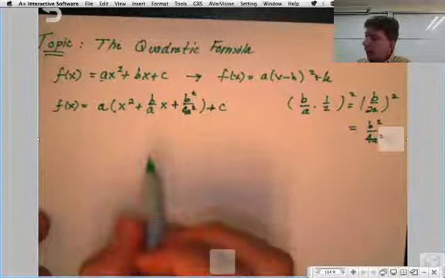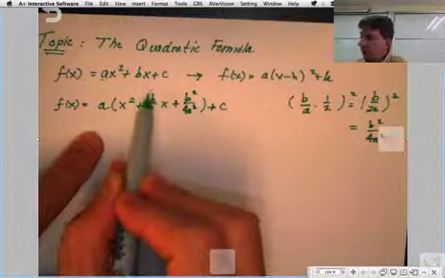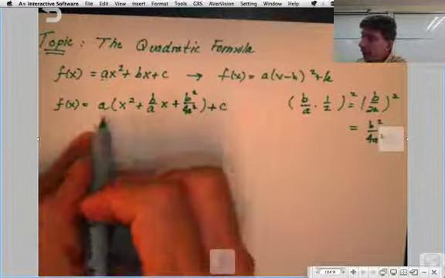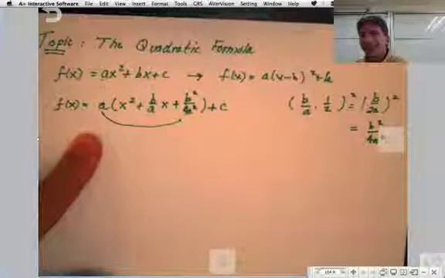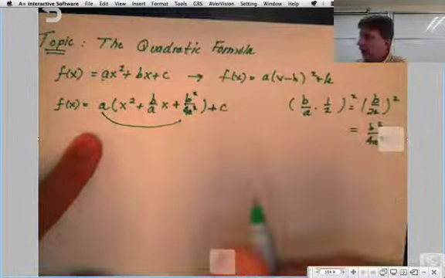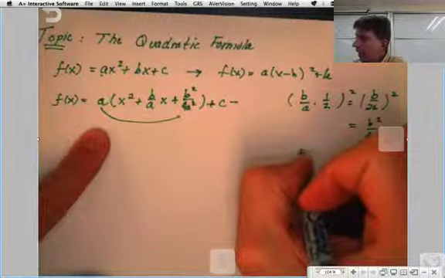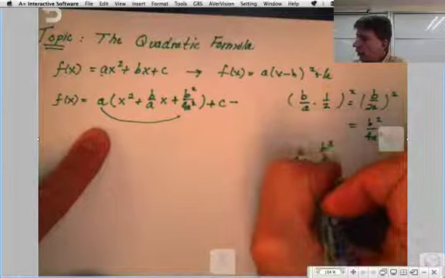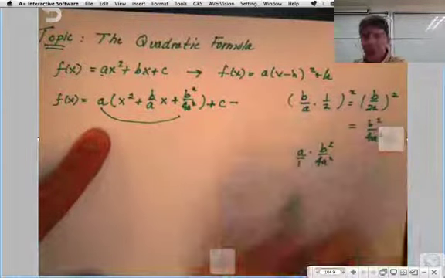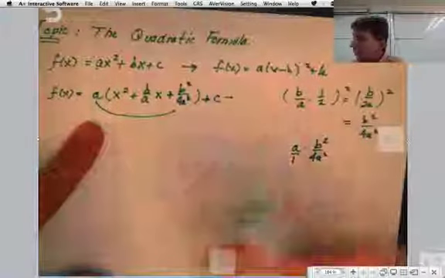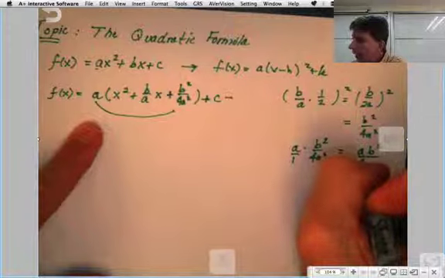And recall now, we need to determine what it is I actually added to the original equation. What I added was a multiplied by b squared over 4a squared. So that's the quantity that I need to then subtract out here. Again, let's do that off to the side. If I multiply a by b squared over 4a squared, keeping in mind that a is the same as a over 1, this gives me a b squared over 4a squared.